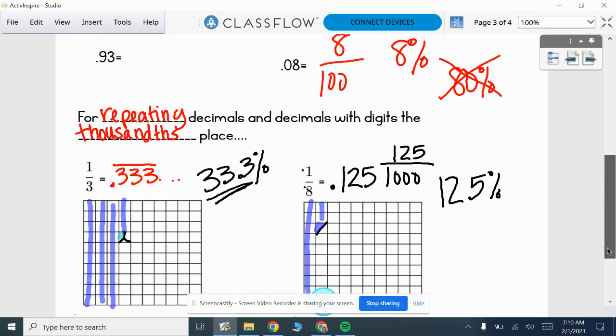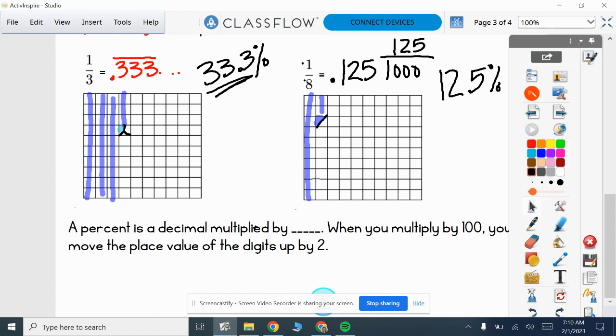So what you're going to do to solve those is, a percent is just a decimal multiplied by 100. When you multiply by 100, you move the place value of the digits up by 2. So take 0.125, 125 thousandths.